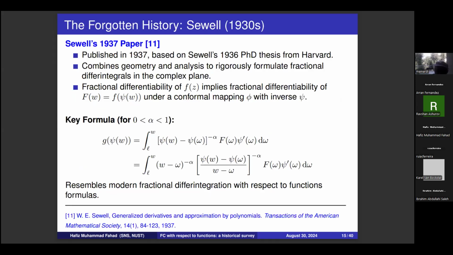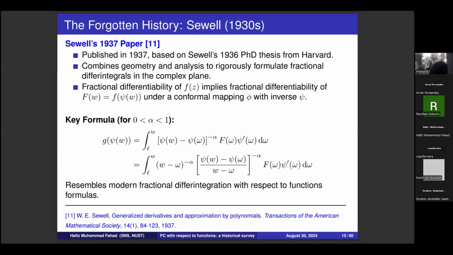Right. So in 1937, Sewell published a paper based on his 1936 PhD thesis from Harvard, where he combined geometry and analysis to rigorously formulate fractional differintegrals in the complex plane, and formulated the conditions under which the fractional differentiability of the function f implies the fractional differentiability of the function f composition with another function epsilon.